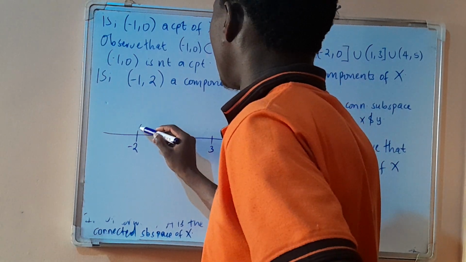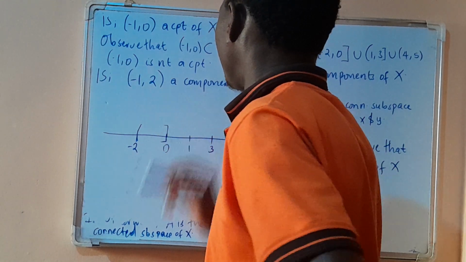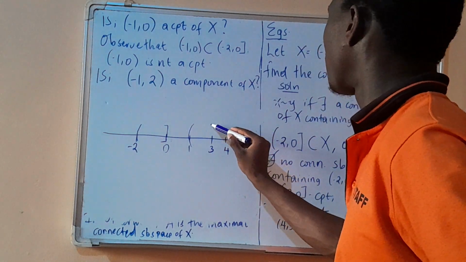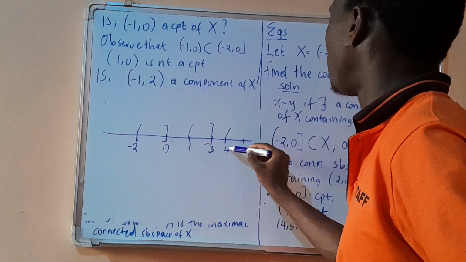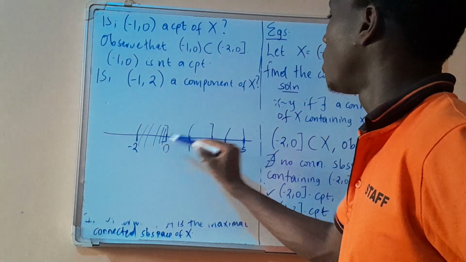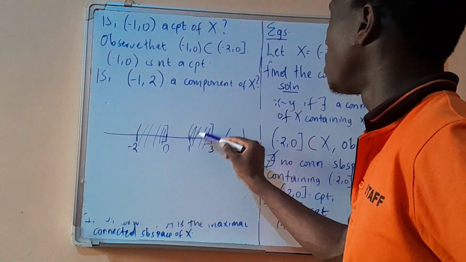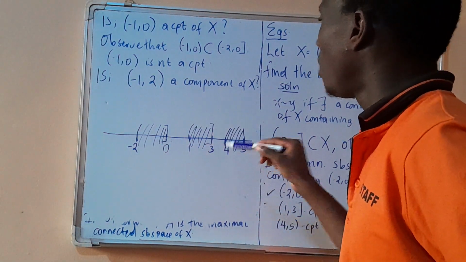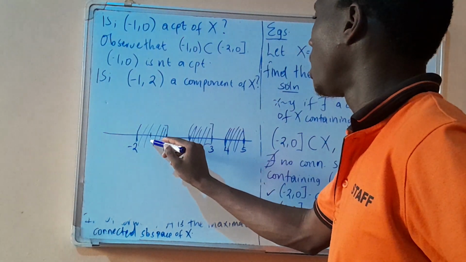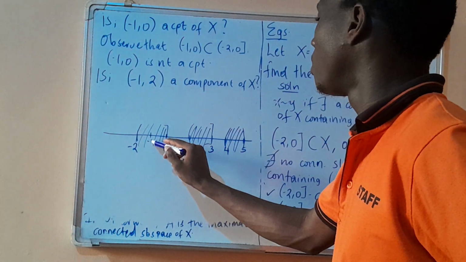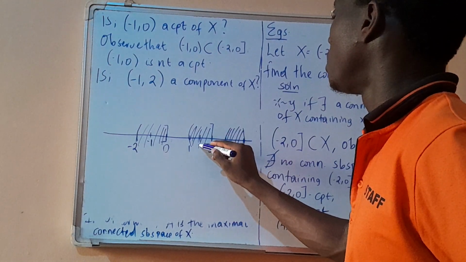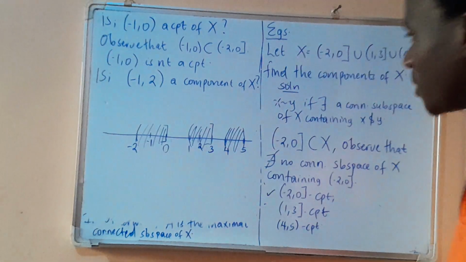So we have that, and then we also have this. X is the union of this plus this plus this. Now we are asking ourselves, is this a component? We have -1, -1 is in there. Then 2 is here, 2 is there.